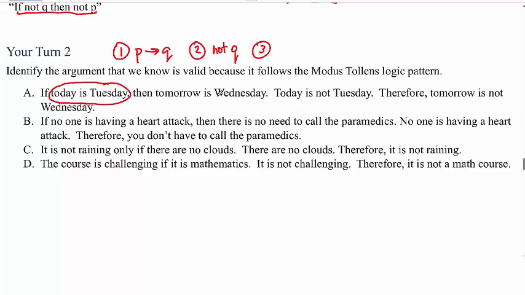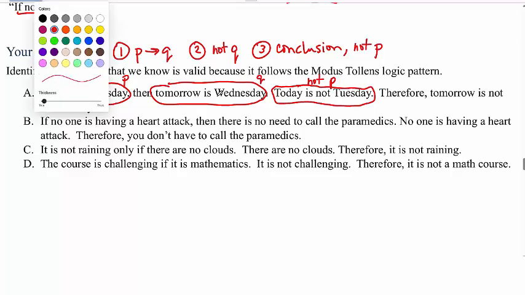And then the third one, the conclusion to the argument, is that P could not have possibly happened either. Okay, so in A, P is today is Tuesday and Q is tomorrow is Wednesday. So that being the case, today is not Tuesday would be contradicting P. So this would be not P.